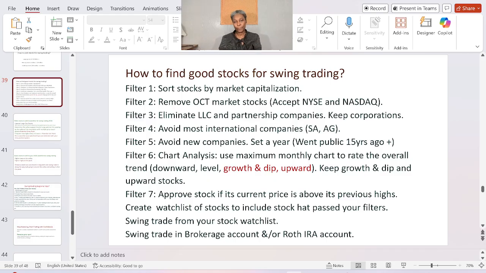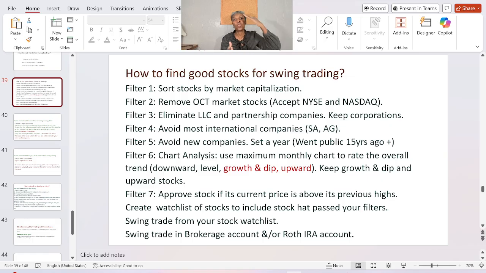Some stocks, the valley could be growing up, but the top may not be growing up. So that means each time it reaches an all-time new high, it will be just a little bit higher than the previous one. So you are not going to see much growth at the top. Just be aware of that.